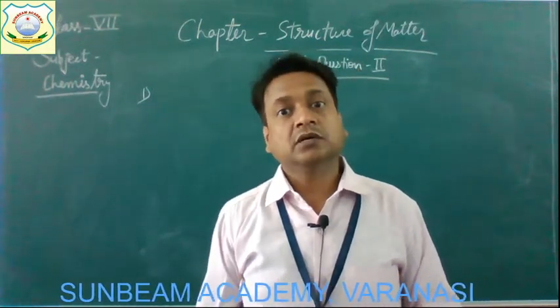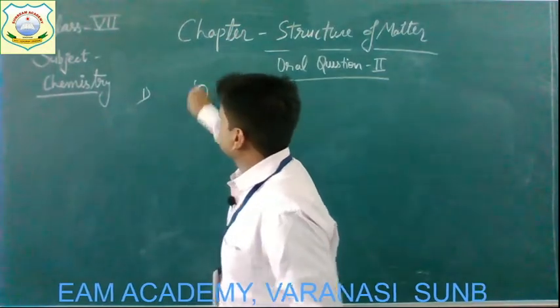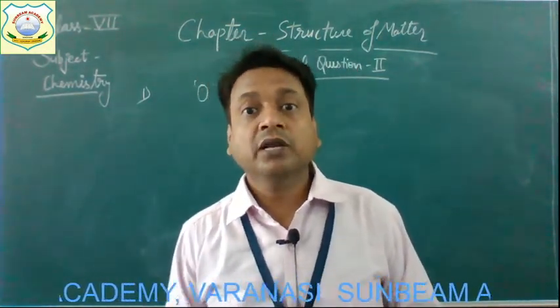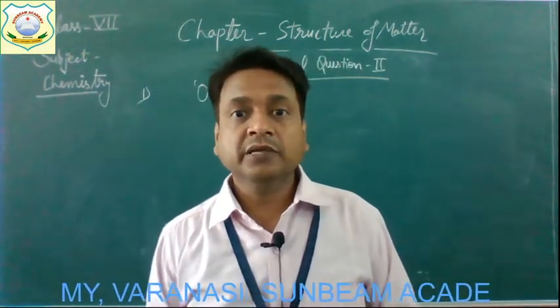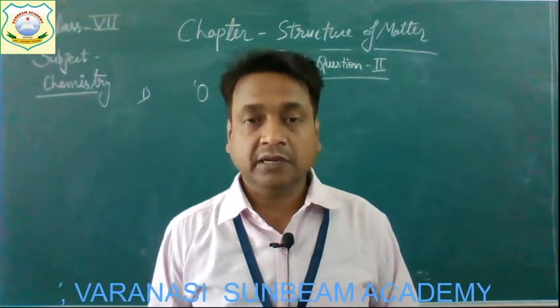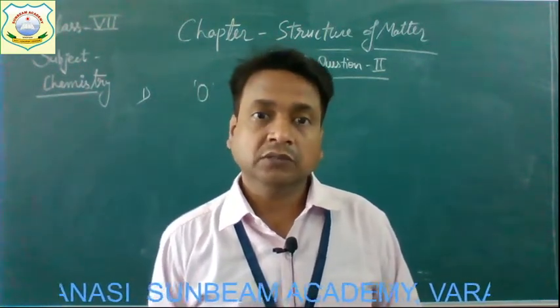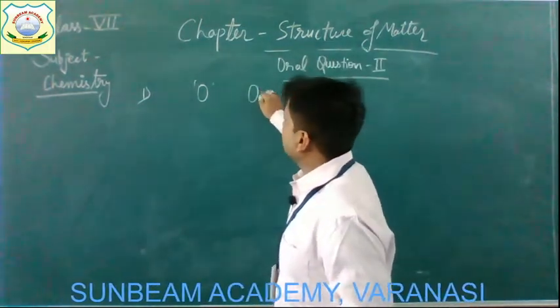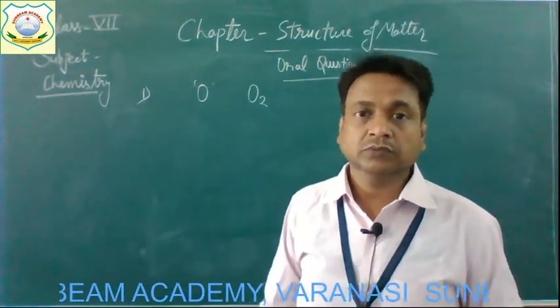The symbol of oxygen will be simply O. And the formula of oxygen means one molecule of oxygen, because oxygen is an element that does not exist independently. It gets combined together. So one molecule of oxygen is formed by two atoms. That is why the formula will be O2.